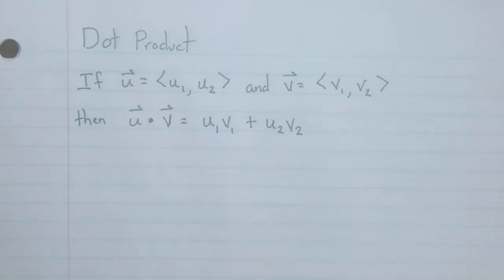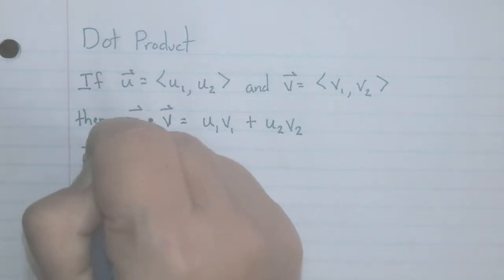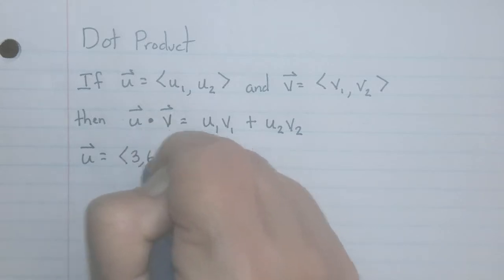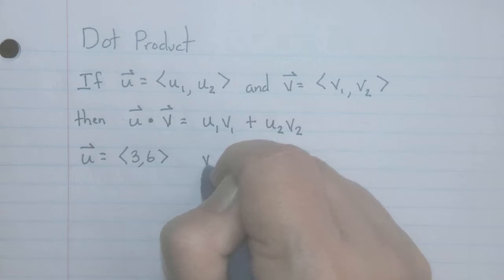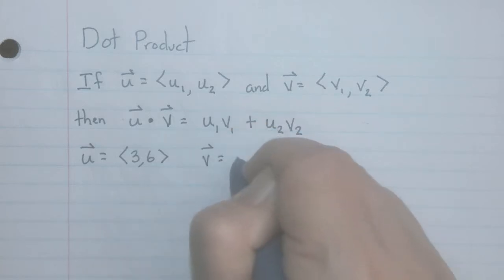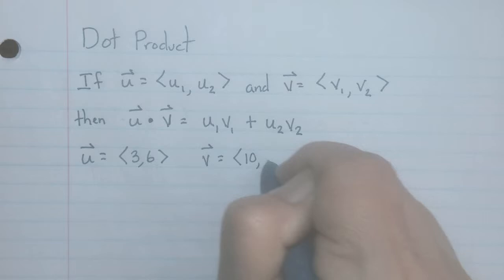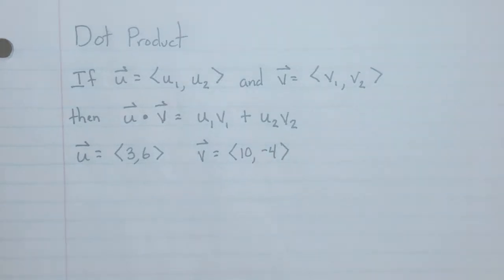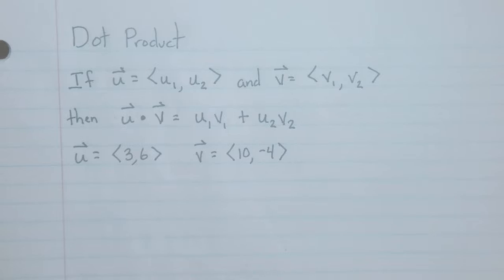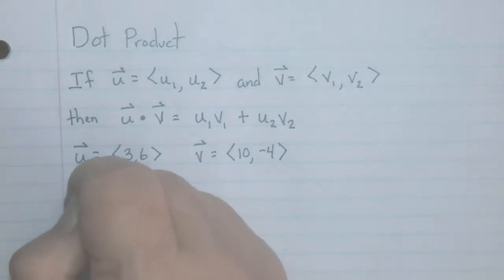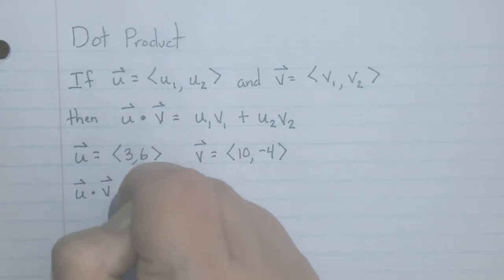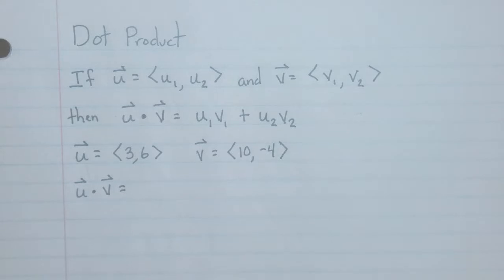Alright, so let's jump into an example. So if I have vector u with the components 3, 6, and I have vector v with the components 10, -4. And then if I'm going to perform the dot product of u dot v, here's how that process is going to go.